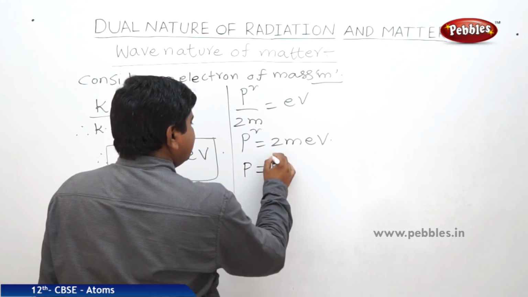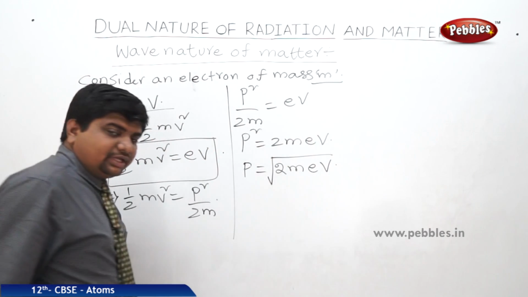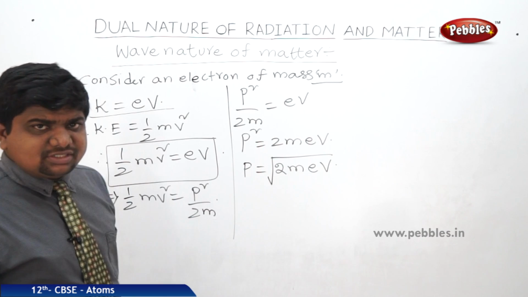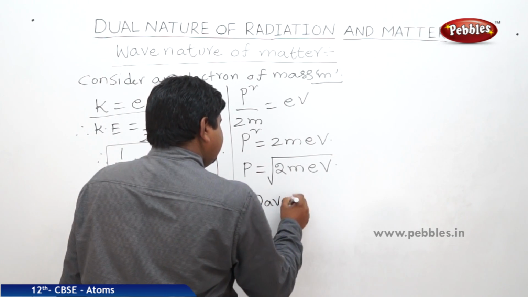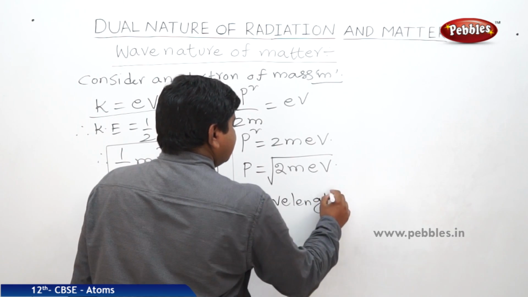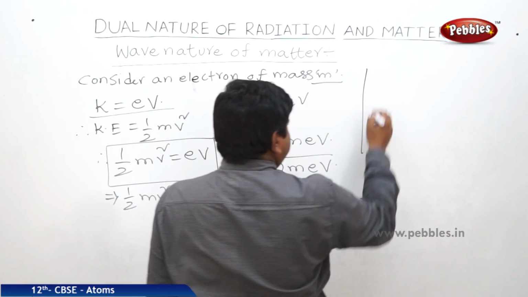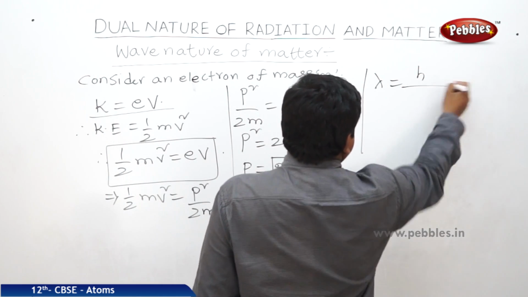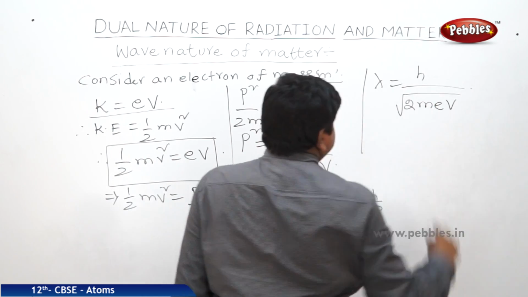P is equal to under root 2m eV. In place of e, you can also write q, no problem. So, de Broglie's wavelength lambda is equal to h by p. Therefore, lambda is equal to h by under root 2m eV.